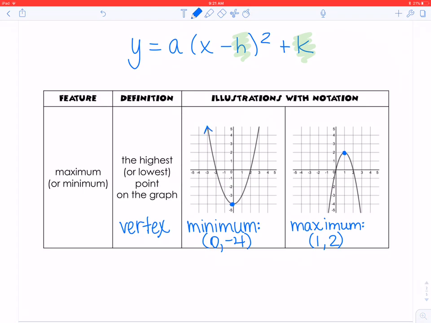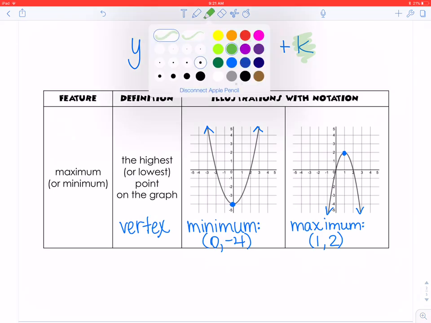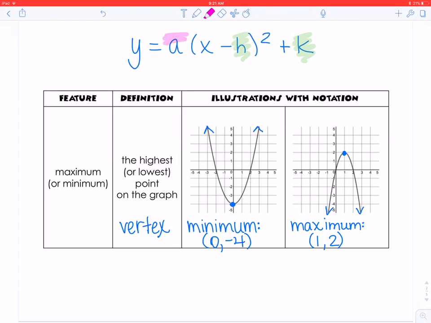When your parabola opened up, what did we have? A minimum. When your parabola opened down, what did we have? A maximum. And that's always going to be the case. So we know if our parabola opens up or down based off of our a value. a tells us if our parabola is going to open up or down, depending on if it is positive or negative.